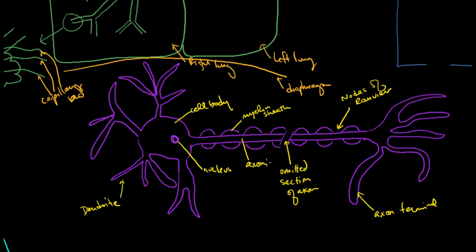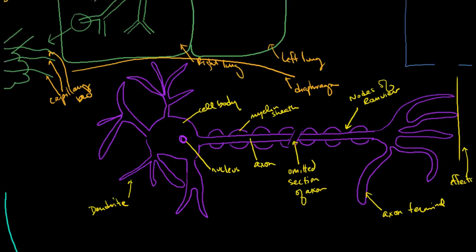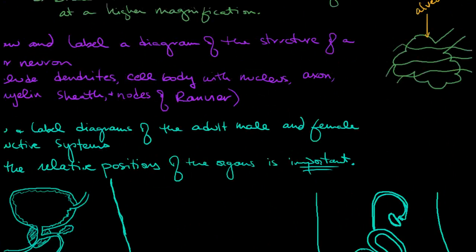Now this is supposed to be a motor neuron, so over here on the end would be an effector or a muscle. Make sure I've got everything here. Yep, those are the parts. So again, you need to be able to explain some of those things though.